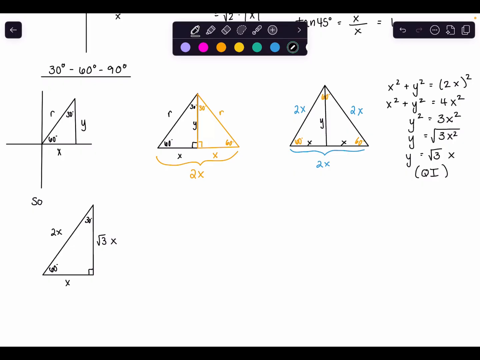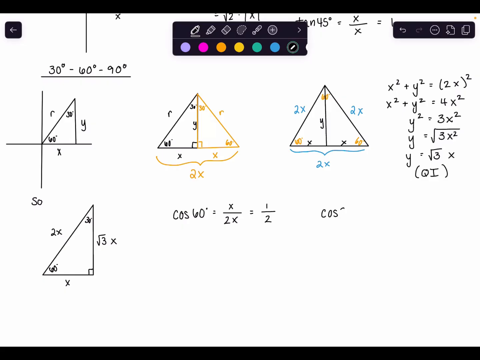So now I can figure out sine, cosine, tangent of all of these, starting out with cosine of 60 degrees. Here's my 60-degree angle. It's adjacent over hypotenuse. So that gives me x over 2x. Again, the x's end up canceling, and cosine of 60 degrees is a half.